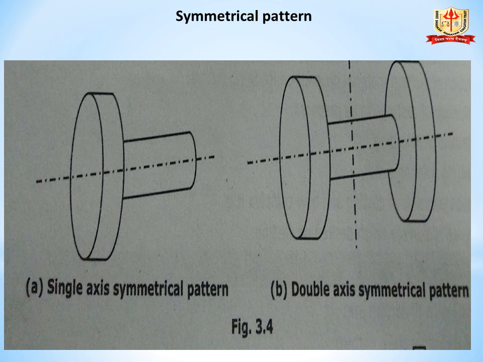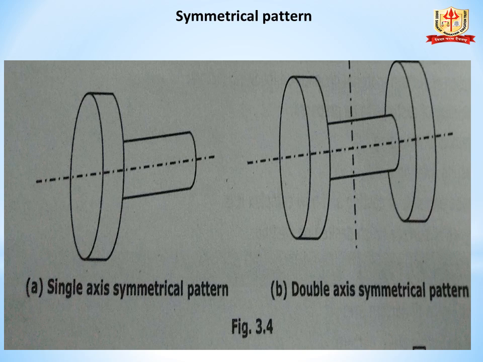Next pattern is symmetrical pattern. Symmetrical pattern is made in one piece and is molded by taking its one half in the drag and the other half in the cope.